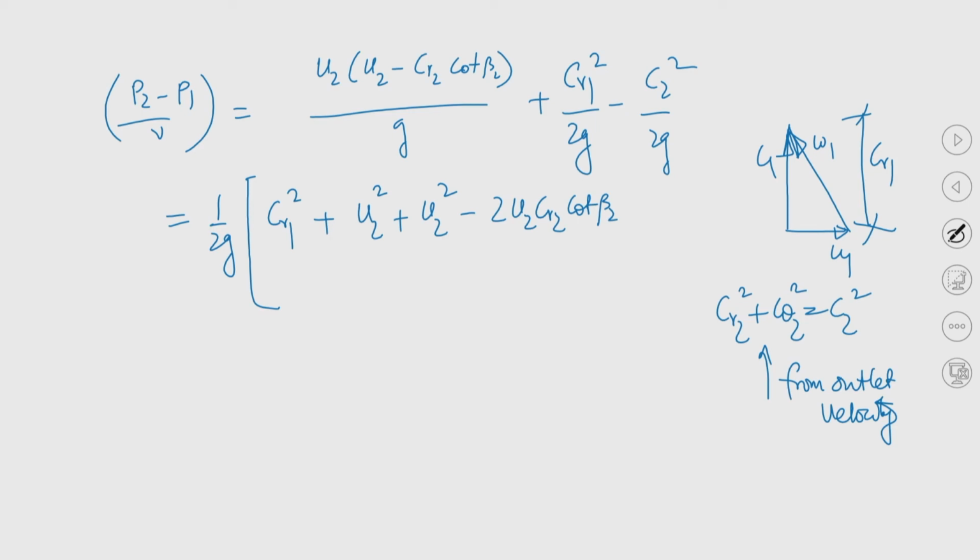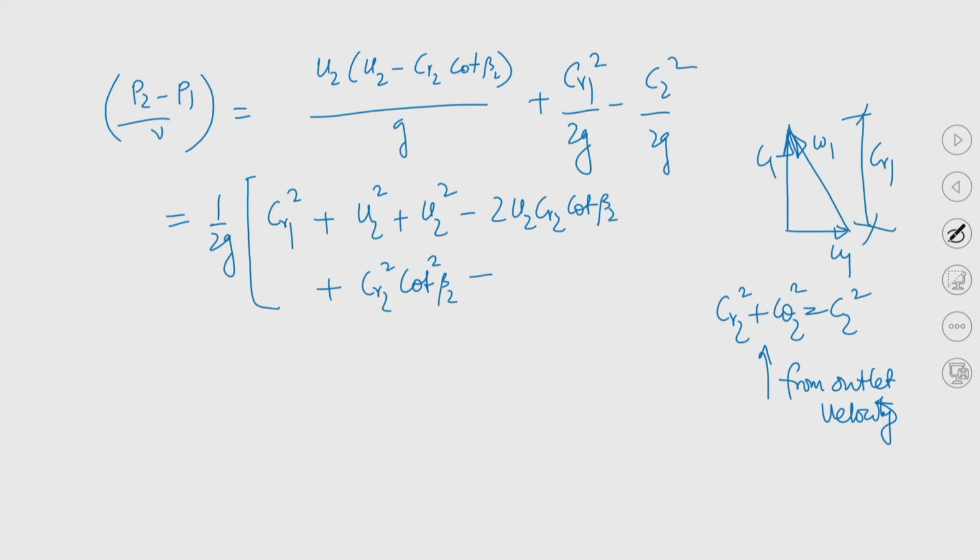So, what is C2 square? CR2 square plus C theta 2 square. Okay. So, I can write plus CR2 square cot square beta 2, right, minus CR2 square.